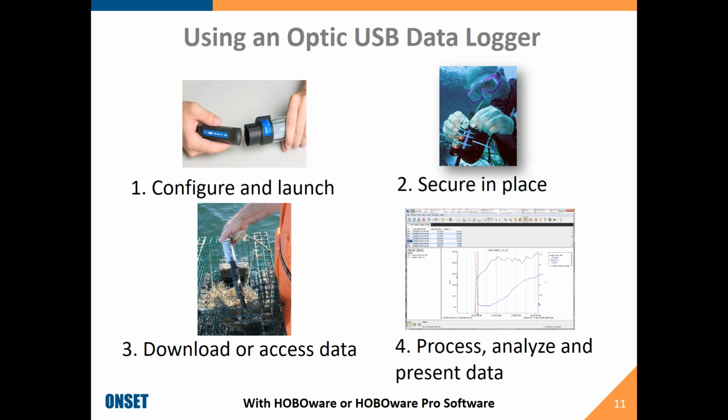Once you configure the logger, you need to launch it and then secure it in place. Most of the owner manuals give some suggestions and considerations you should take when securing these. After the deployment's done, you need to access the data and download it. Again, this can be done with a base station or a waterproof shuttle. And then from there, you would need to import it into our software for processing, analysis, and presenting the data.